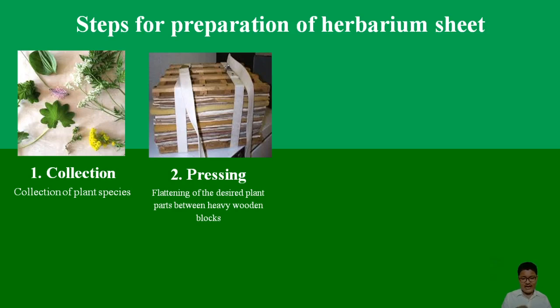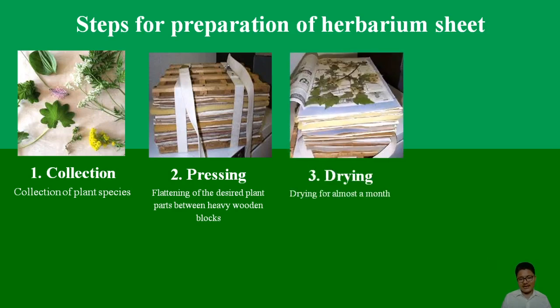Pressing is done by flattening with the help of heavy wooden blocks, or in between the books we can simply press, and we can dry for months, right? After pressing, there is flattening of the plant specimen, and we keep it almost a month or more for drying. It can be done in between the wooden blocks or in between the notebooks, in between different books.